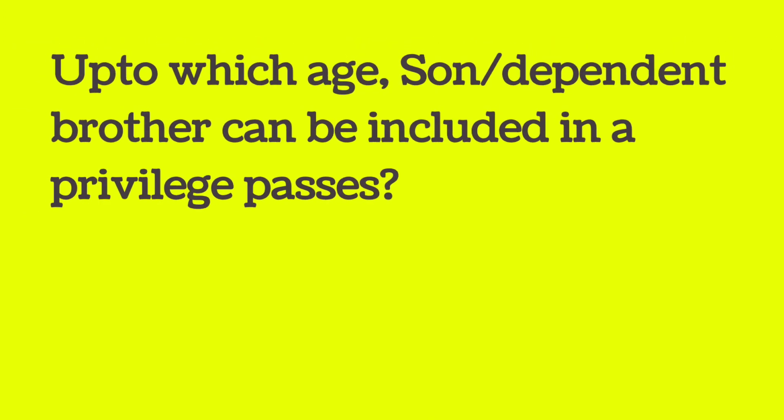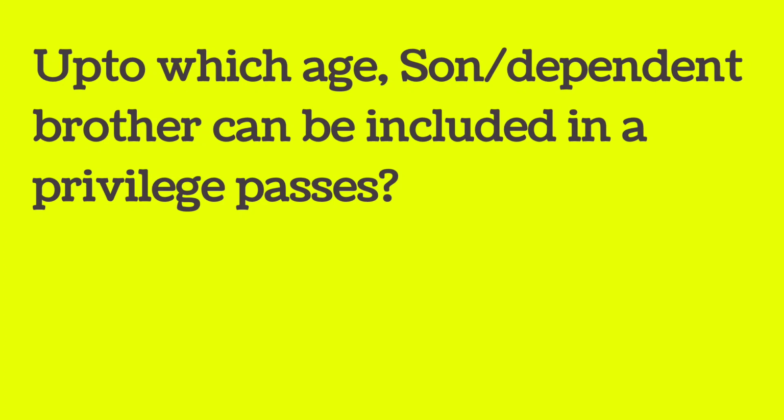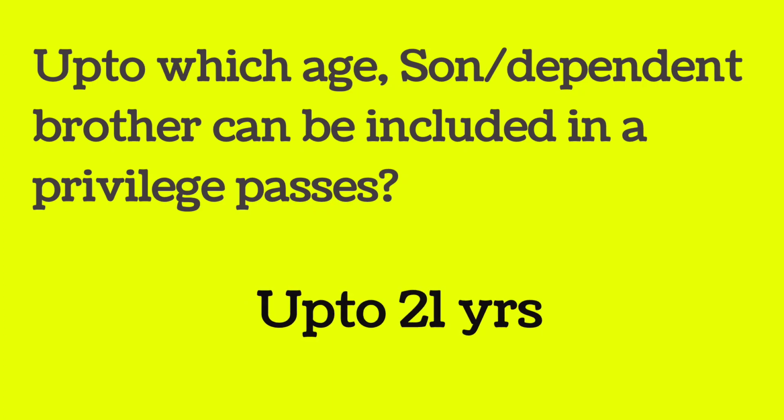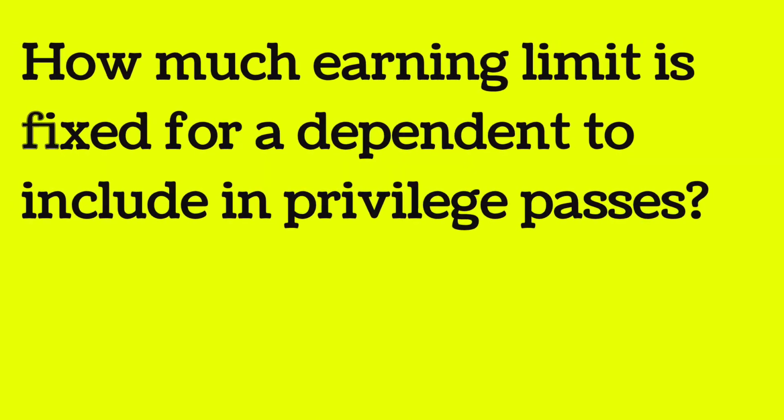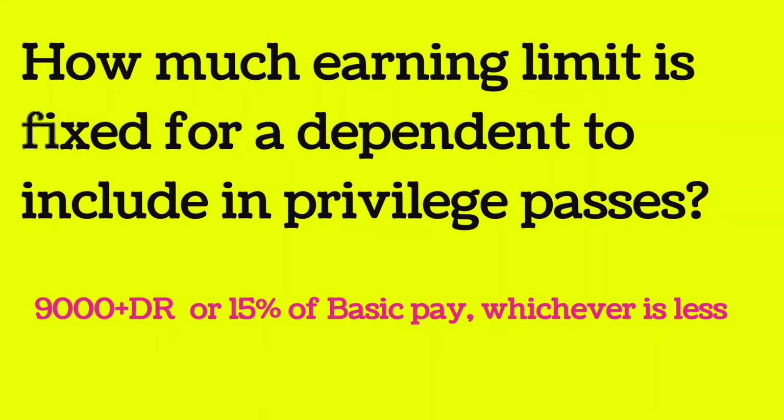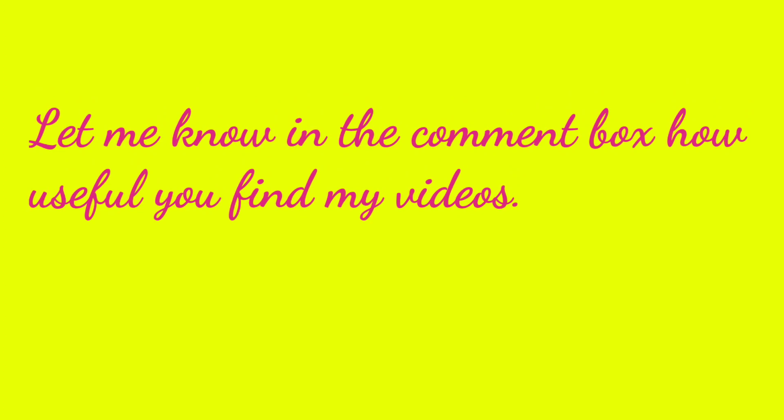That is 50%. Up to which age can a son or dependent brother be included in privilege pass? Up to 21 years of age. How much earning limit is fixed for a dependent to be included in privilege pass? Earning limit for dependent is 9,000 plus DR or 15% of basic pay, whichever is earlier.